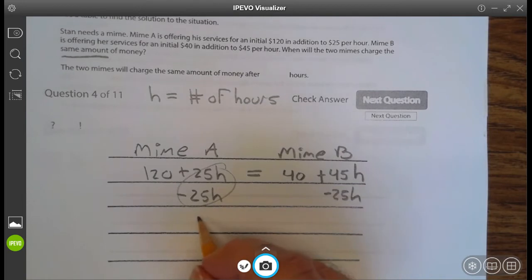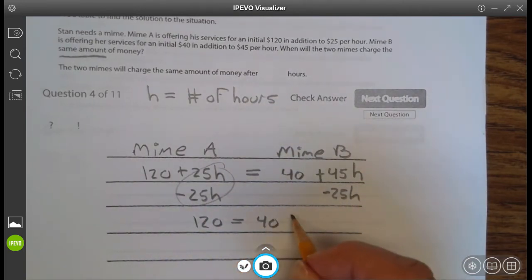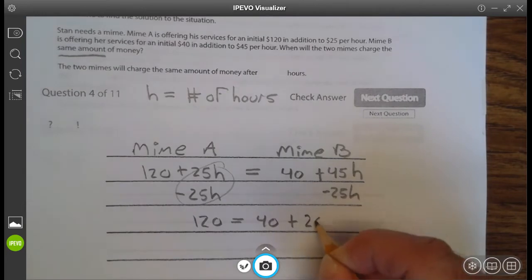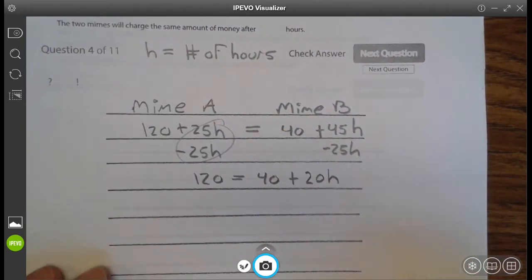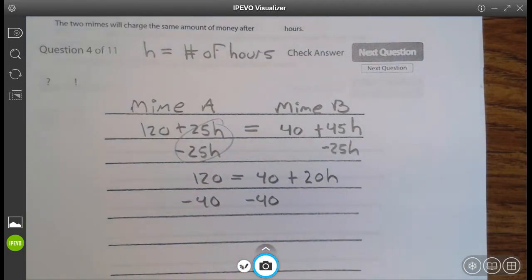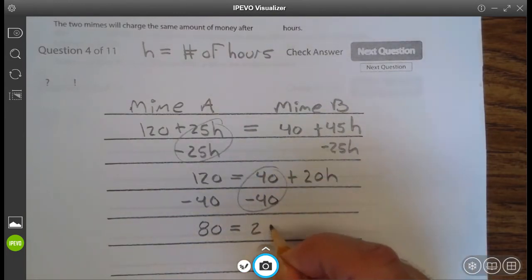So that becomes 0. You get 120 equals 40 plus 20h. We're going to subtract 40 from both sides. You get 80 equals, that becomes 0, 20h.